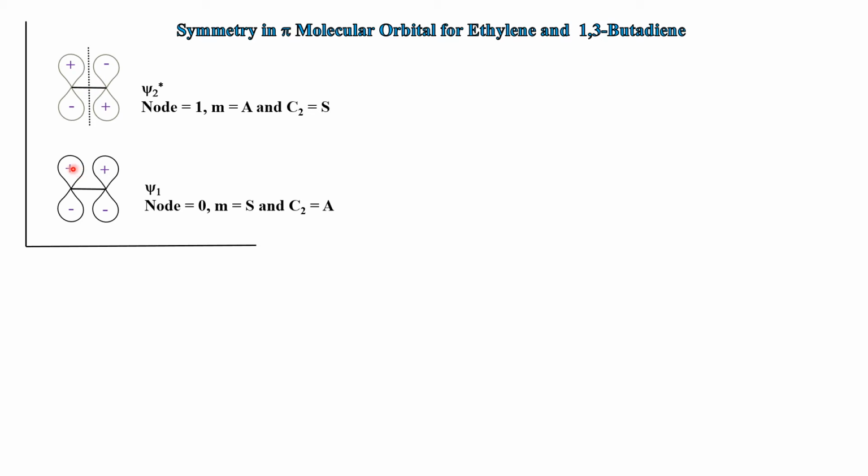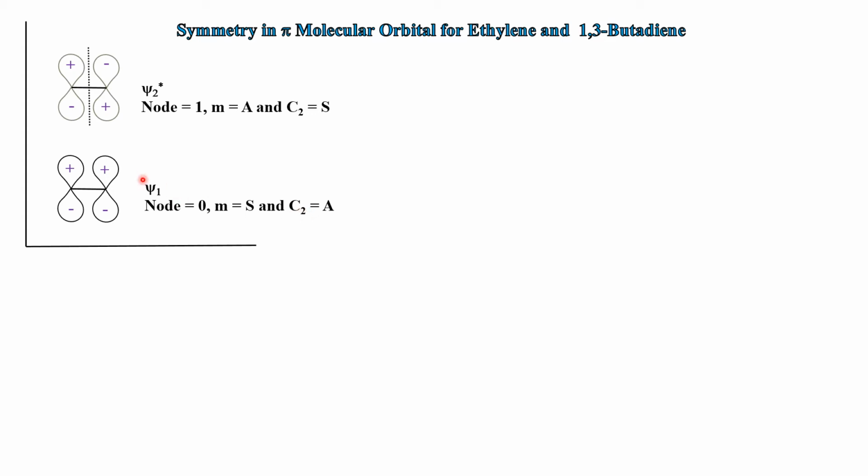This is a positive wave function lobe, and this lobe is again a positive wave function lobe. So there is no node, so the number of nodes equals 0. Energy level is Ψ1. M symmetry is symmetric, and C2 symmetry is asymmetric.